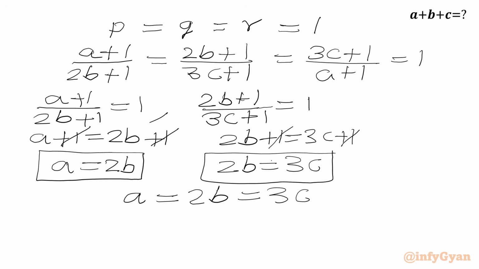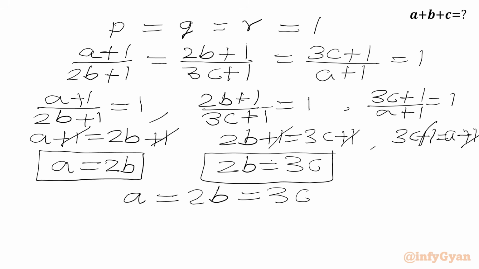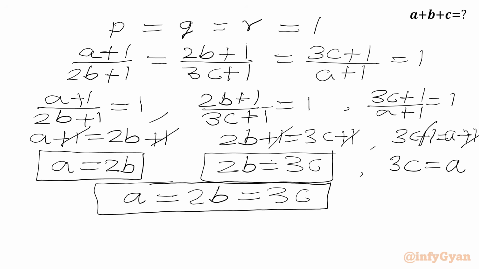We can check from the third equation also. 3c plus 1 over a plus 1 equal to 1. After cross multiplication, 3c plus 1 equal to a plus 1. We'll subtract 1 from both sides, so plus 1 will cancel. We will get 3c equal to a. So our conclusion is a equal to 2 times b equal to 3 times c.